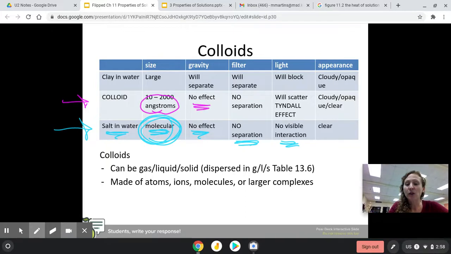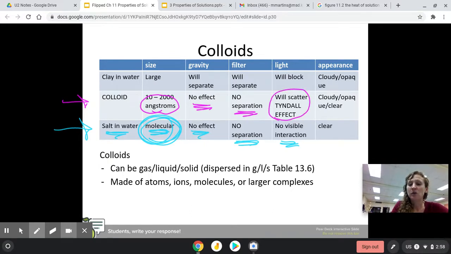Again, colloids are too small, so gravity is not going to have an effect on them. If you let them sit for ages, they're going to be dispersed exactly the same because their interaction with water is greater than the pull of gravity on them. If you pour them through a filter, you can't separate them out. They are still close to the size of a water molecule, and so they will go through the filter with your water.